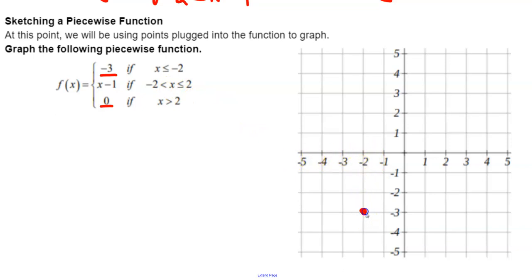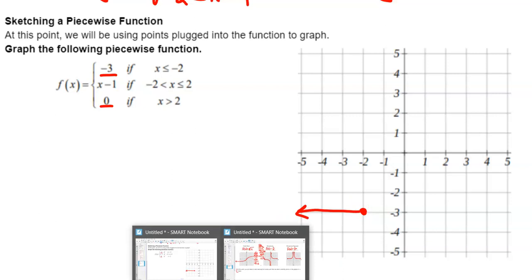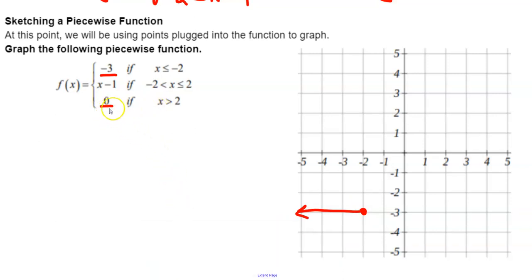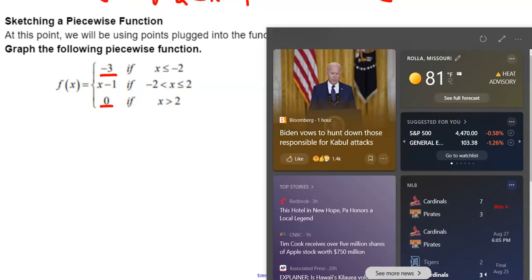So because I have an equals, I need a solid dot, and I'm going to choose everything left of it. And go ahead and do y equaling 0 for all values that are greater than 2. So here's y equaling 0. Here's x equaling 2, so I need everything that's bigger than 2 at y equaling 0. Again, those constant functions are those that go side to side, okay?